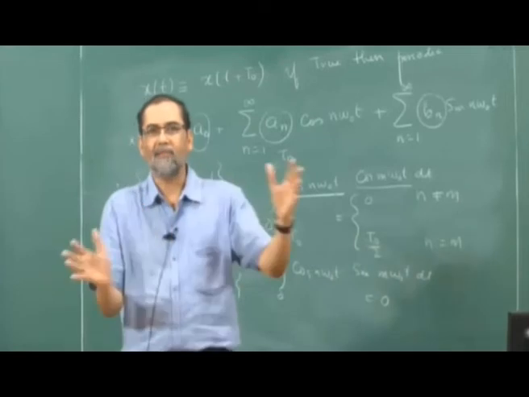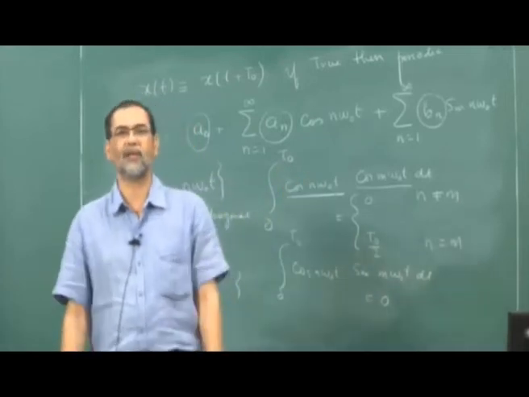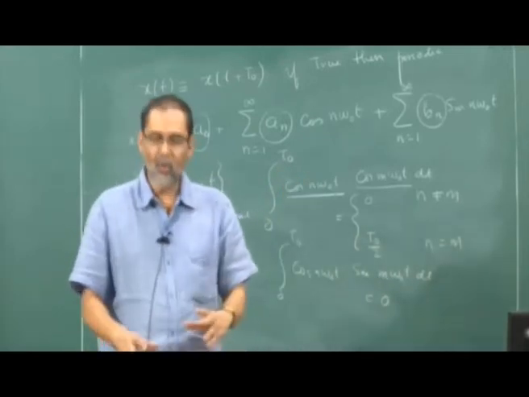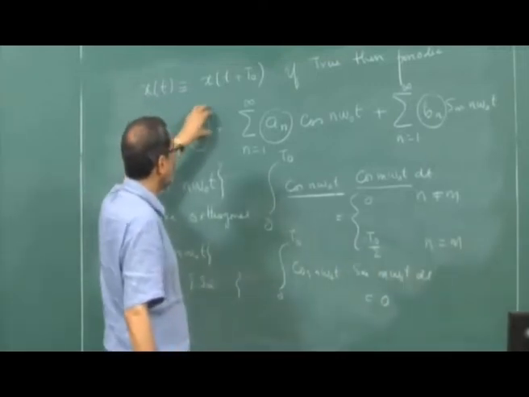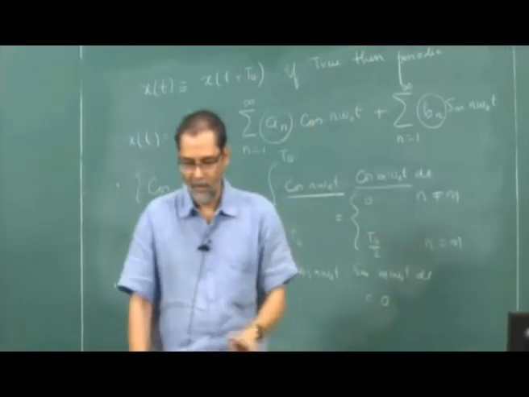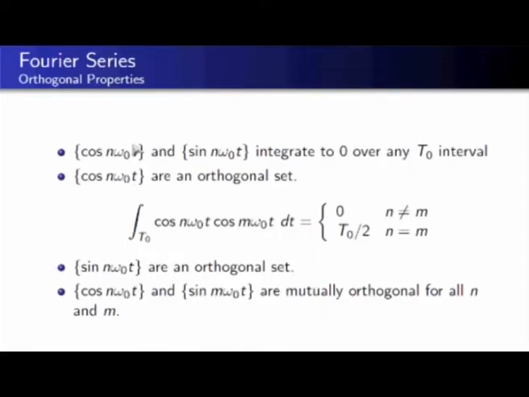These 4 or 5 properties put together are enough to let us know how to compute the values of a naught, a n and b n. Only these properties are required to find the values of the a's and b's. So I would like you to go home and show that these properties hold good, just as a homework exercise.